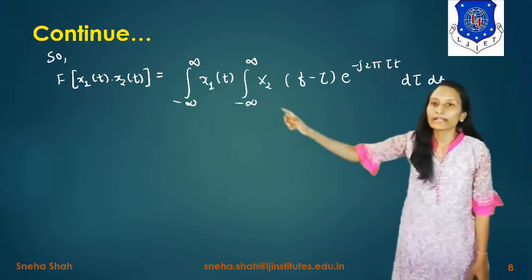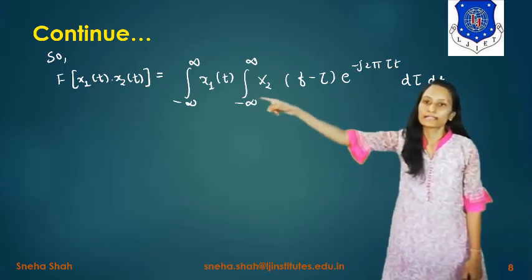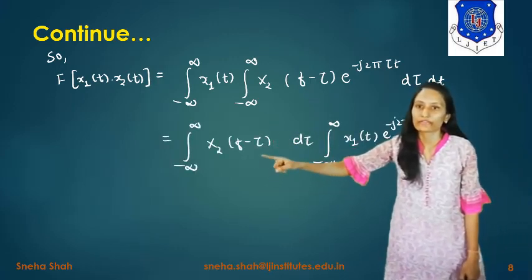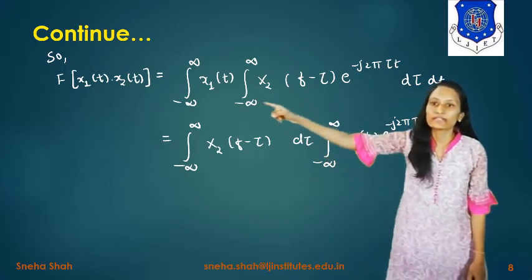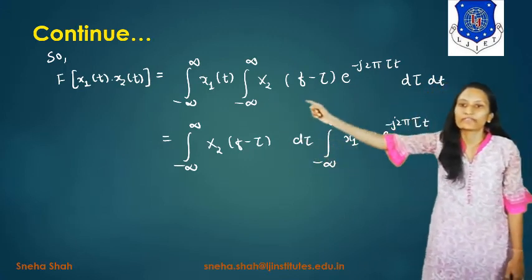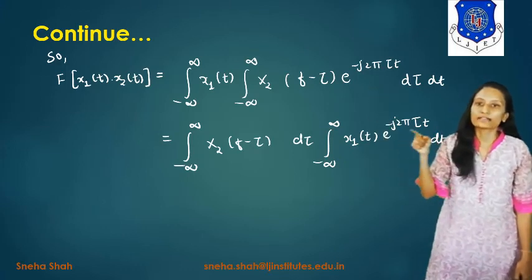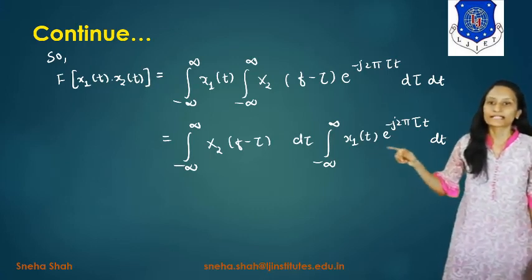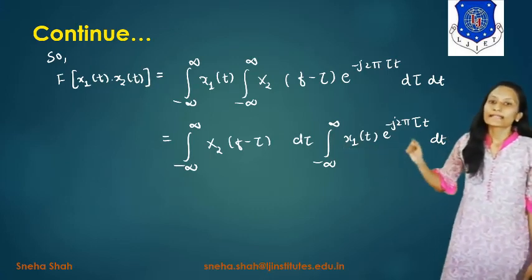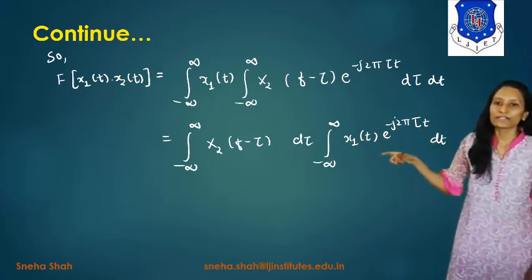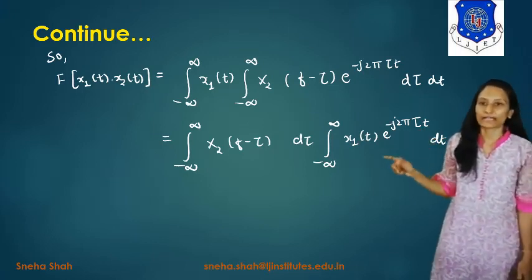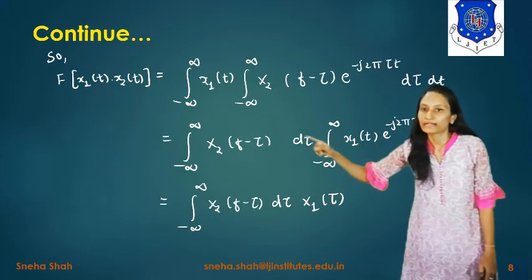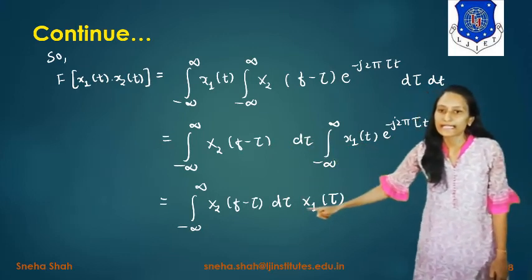Now if we reorder this, this term comes over here and this term comes over here: integration of X2(f minus tau) dτ, and this term is integration of x1(t) e^(-j2πτt) dt. From this term you can say that this one is the Fourier transform of x1(t), but instead of f we have taken tau, so this is represented as X1(τ), right?